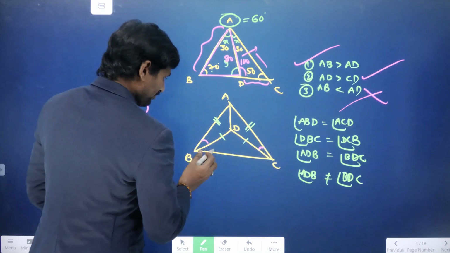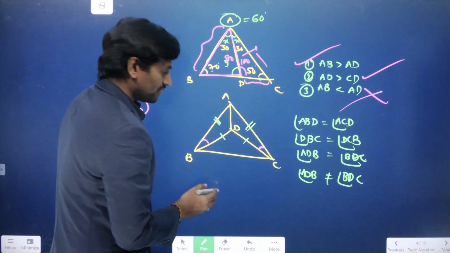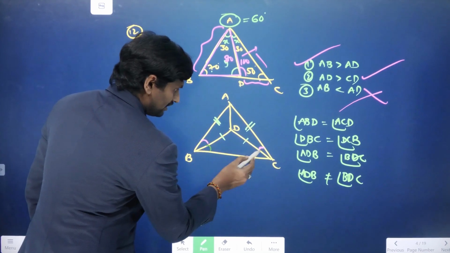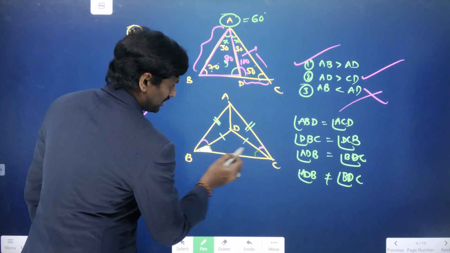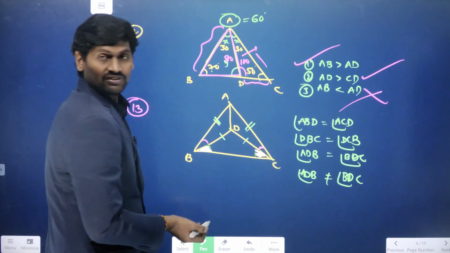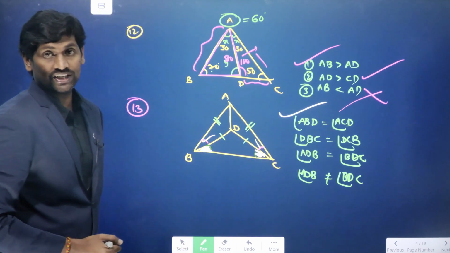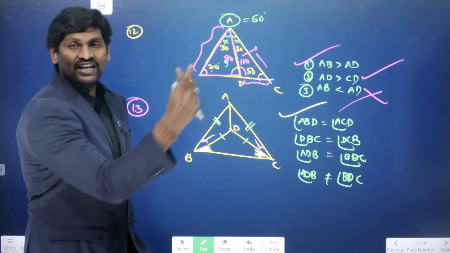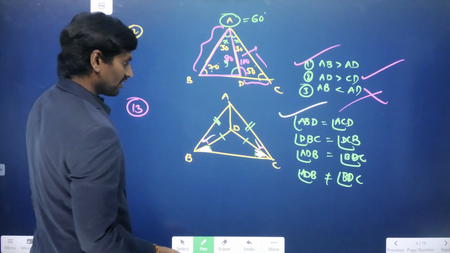At the same time, in triangle BDC also, BD length and DC length are equal, so we can consider these two angles also equal. The entire angles are equal, and from the total we have taken equals, then the remaining parts are equal, right? So the first option is true.